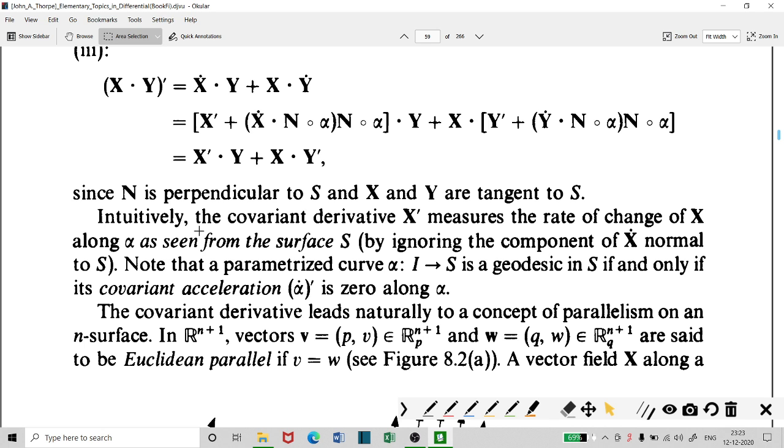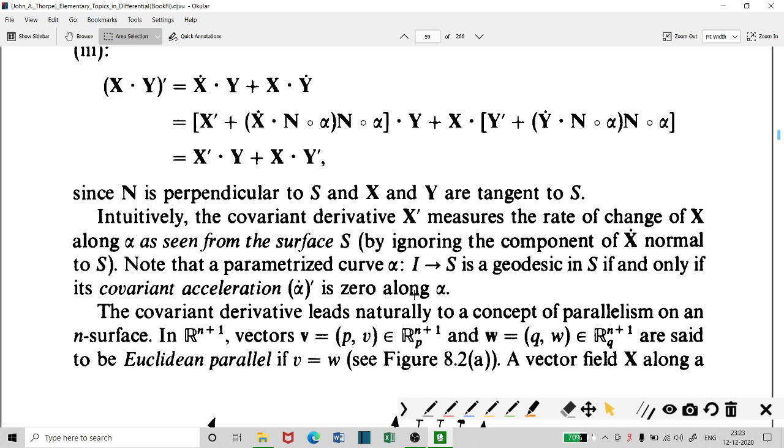So the covariant derivative gives the component of the usual derivative x dot lying on the tangential plane of that surface. Note that the parameterized curve alpha from I to S is a geodesic in S if and only if its covariant acceleration, that is the covariant derivative of the velocity vector field, is 0 along alpha.